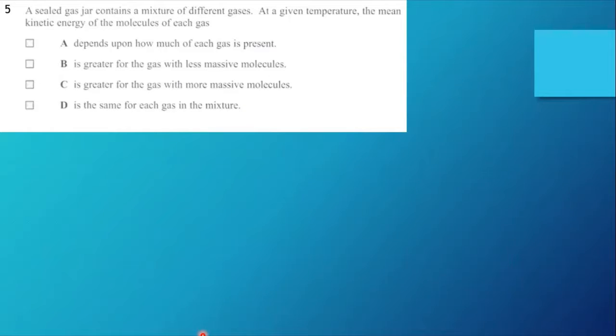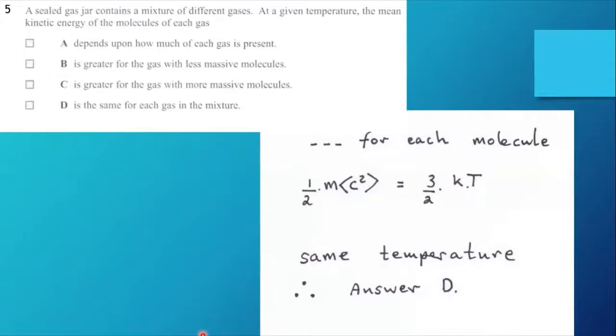Okay, a sealed gas jar contains a mixture of different gases at a given temperature. The mean kinetic energy of the molecules of each gas, and so on. At a given temperature, kinetic energy. Well, for each molecule, the kinetic energy is a half mc squared, which is 3/2 kT.